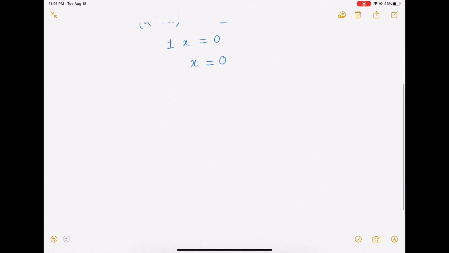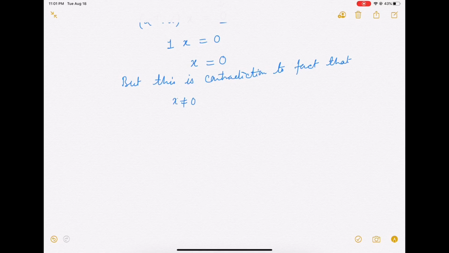But this is a contradiction. Contradiction to the fact that x is not equal to 0. So our assumption is wrong. So either alpha is 0 or x is 0.